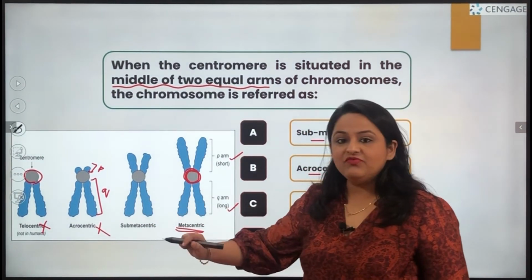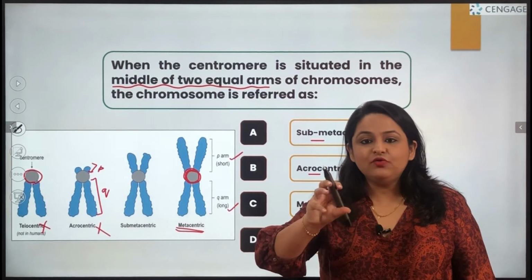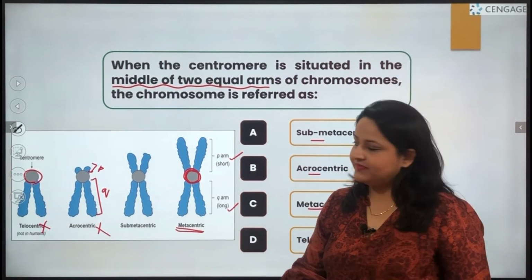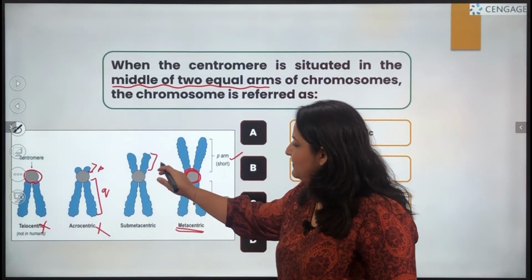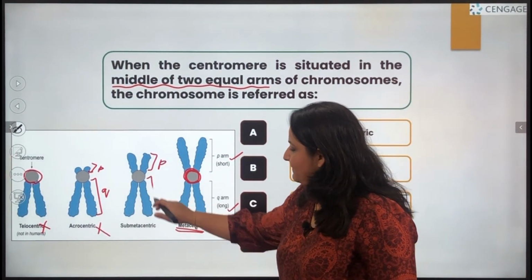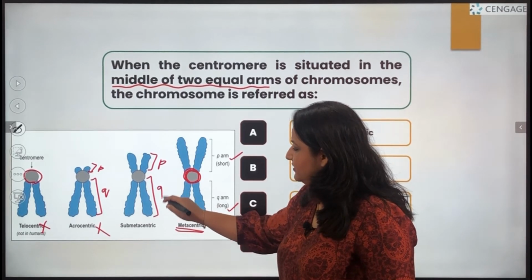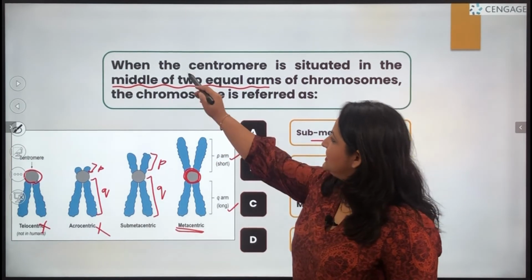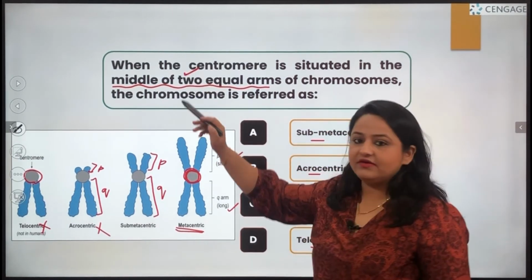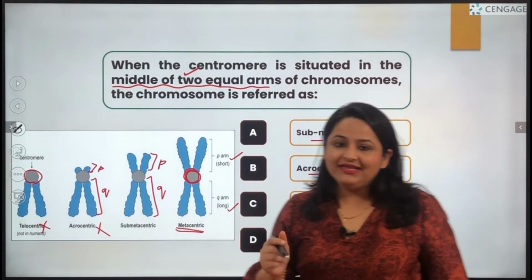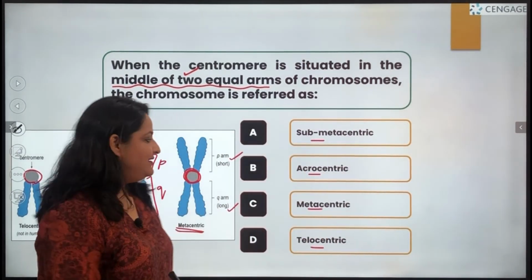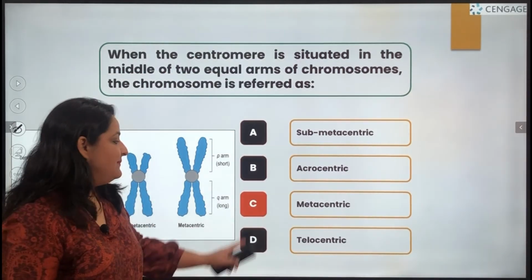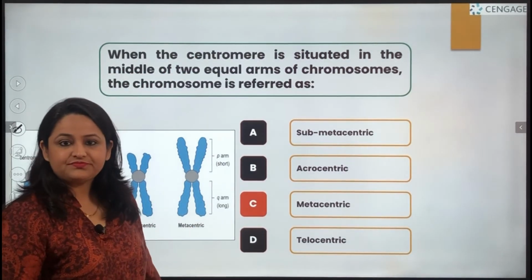Submetacentric is that type of chromosome in which the centromere is placed slightly above the middle position. So here again the arms will be unequal, with P being comparatively shorter and Q being comparatively longer. So in the question they have asked where the centromere is located. In the middle, and the option which has the middle is metacentric. So the answer to this question will be metacentric chromosome.